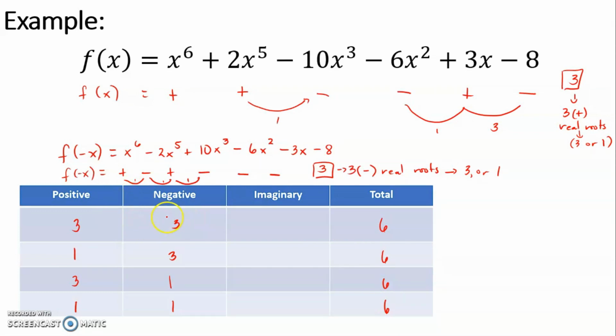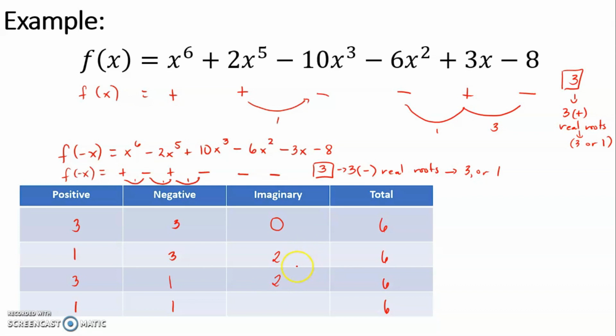When I add them, it gives me a total of 6 zeros already. So this leaves me no imaginary roots for this combination. 1 positive, 3 negative, so that's 4, but I need to have 6 zeros, so that gives me 2 imaginary roots for this combination.